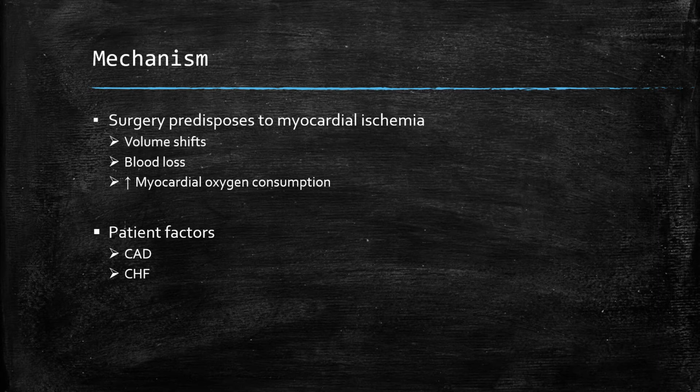Major surgery is stressful and predisposes patients to myocardial ischemia. Big operations can be associated with large intravascular volume shifts and sometimes major blood loss as well. In the postoperative period, elevated catecholamines increase myocardial oxygen demands, and postoperative anemia may limit the patient's ability to deliver this oxygen.